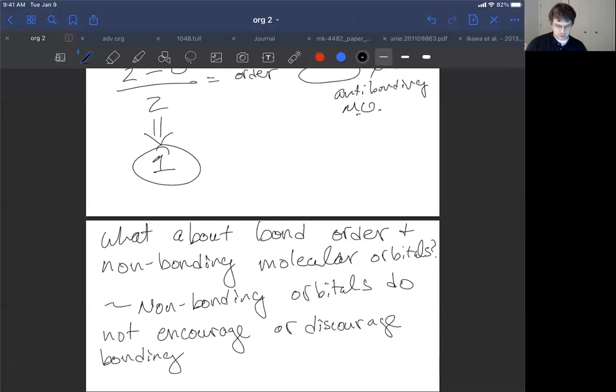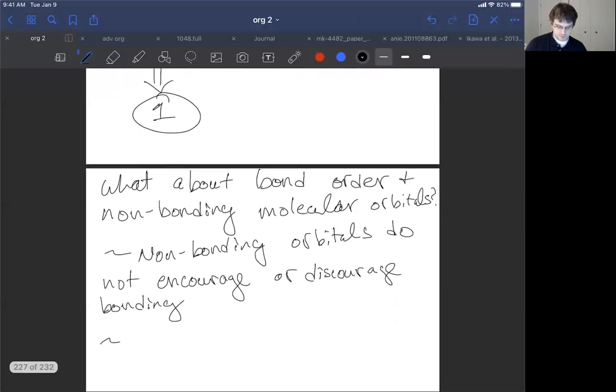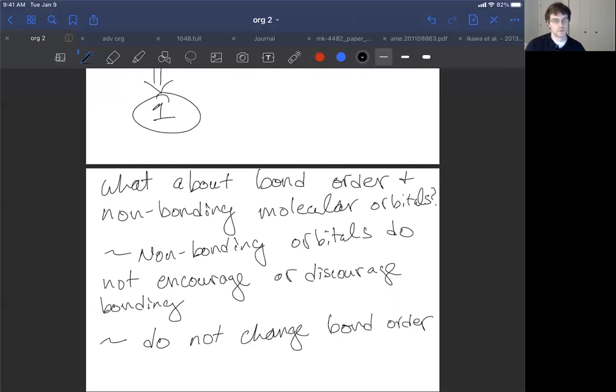And as a result, they do not change the bond order. And they're not included in our little equation.